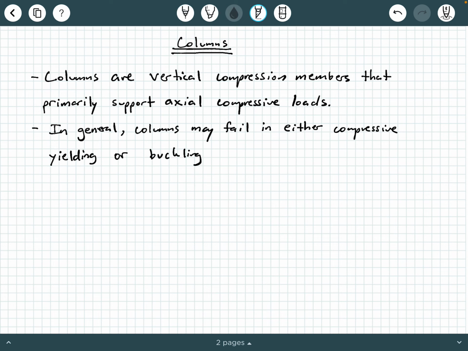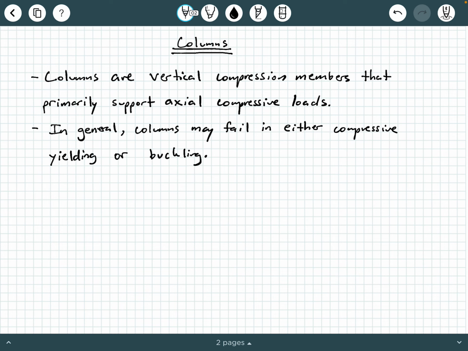What are columns? Well, columns are vertical compression members that primarily support axial compressive loads, okay? Now, in general, columns may fail by either compressive yielding or buckling, all right? So let's go ahead and sketch some things out.